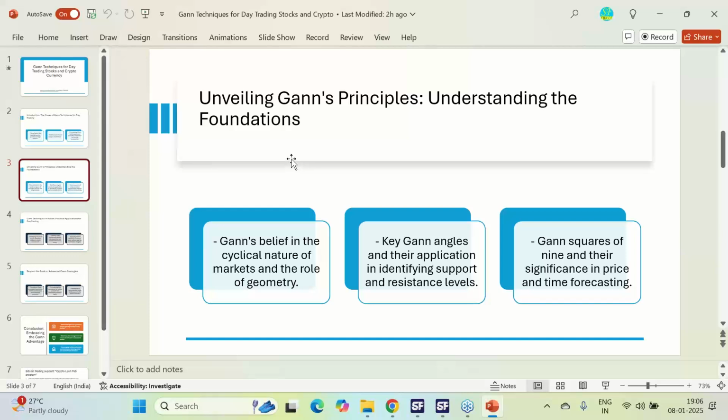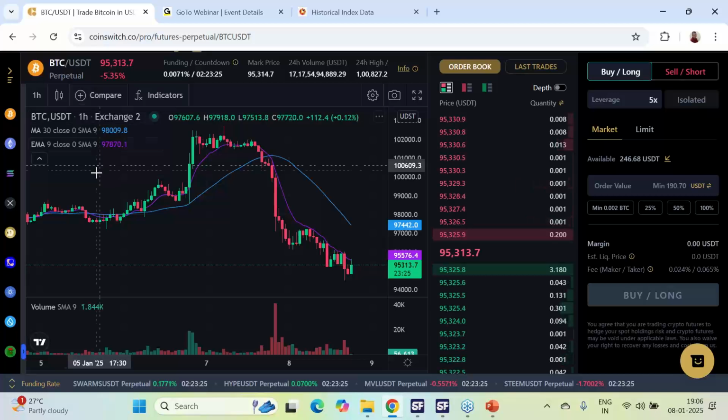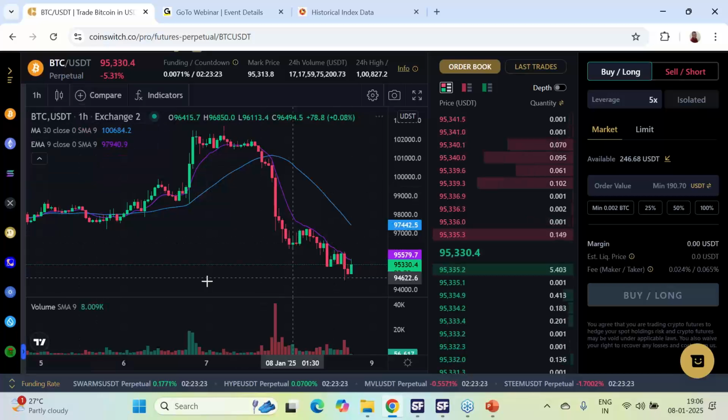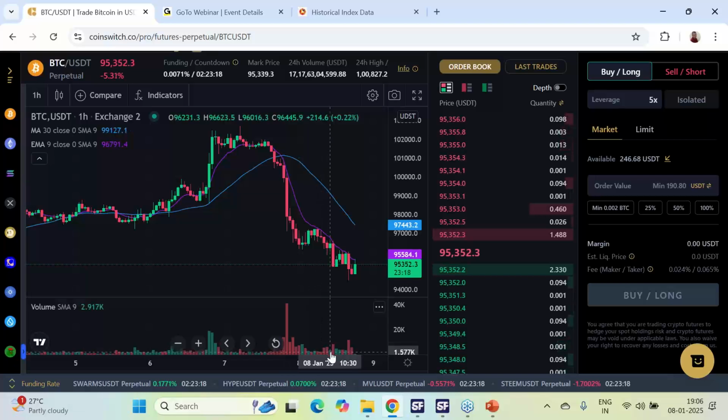Understanding Gann's foundation. What is the foundation of the Gann principle? All of you are looking at price-time data. What I am seeing in this chart of Bitcoin is just price-time data. On one axis there is price, and here the time scale is there. Date and time keep coming, this candle is made at this time, this high is made, this low is made.